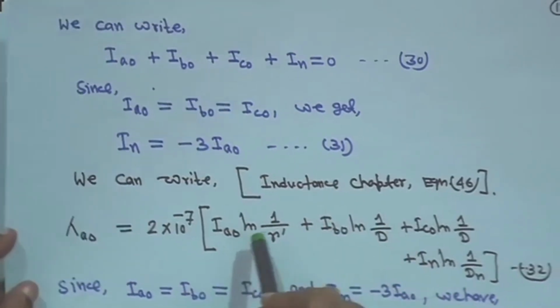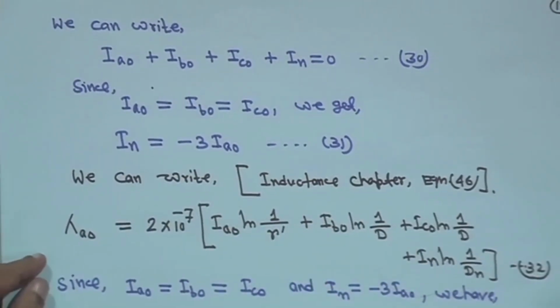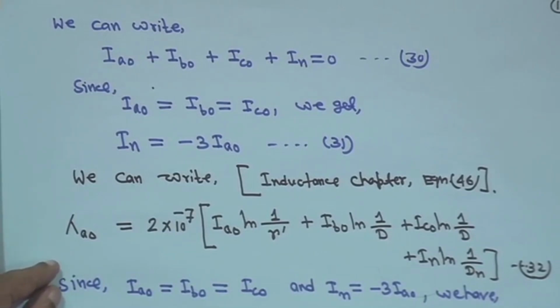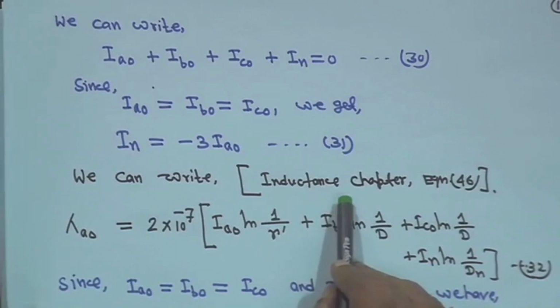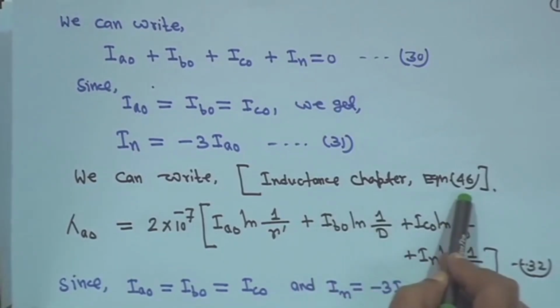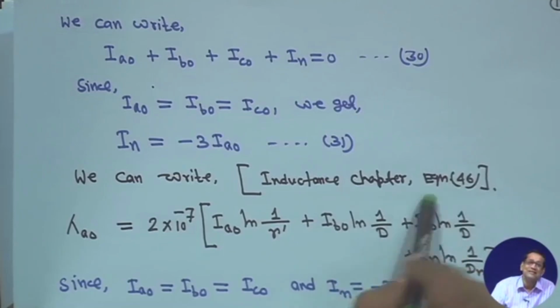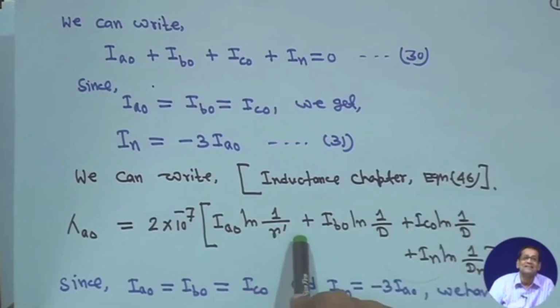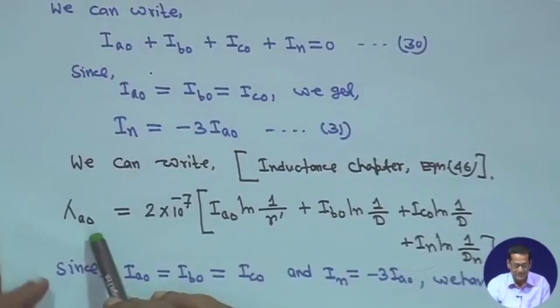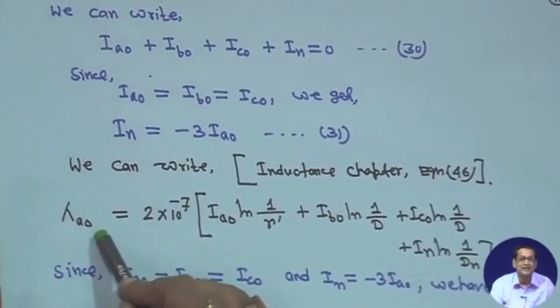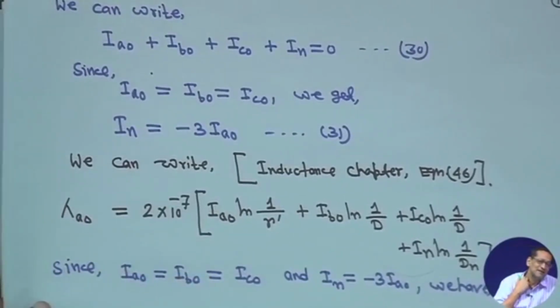Now, we have studied inductance much before. In that chapter, you go to equation 46. The same equation 46 from the inductance chapter I am rewriting. That is the flux linkage of your conductor A due to that 0 sequence current.